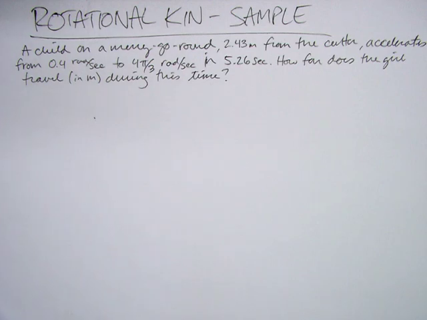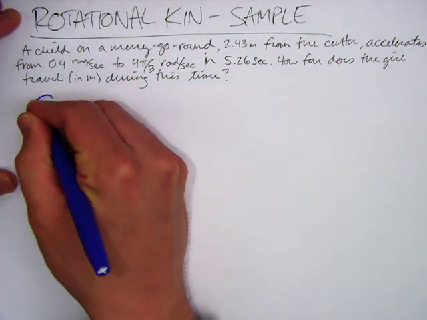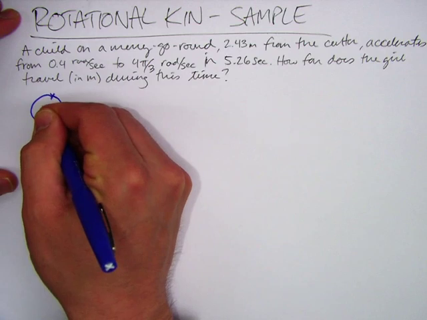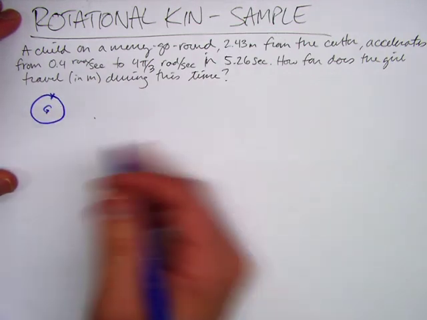So I have angular information, and I'm looking for a linear answer. Essentially, the girl is rotating around a merry-go-round.